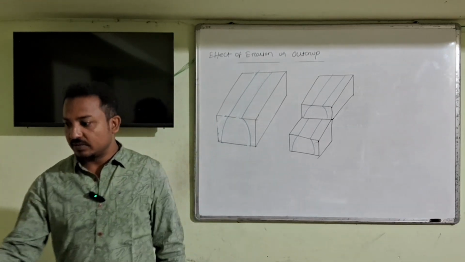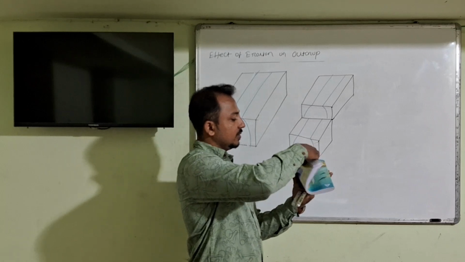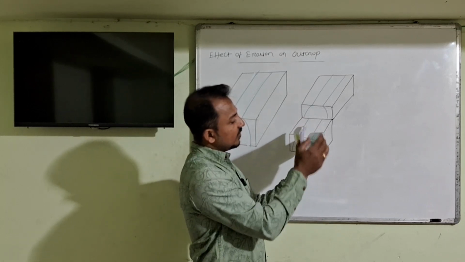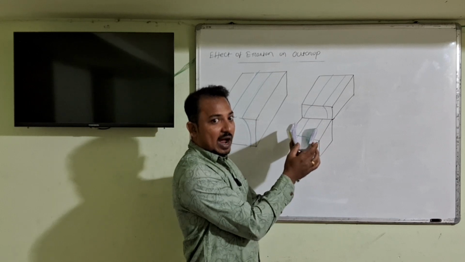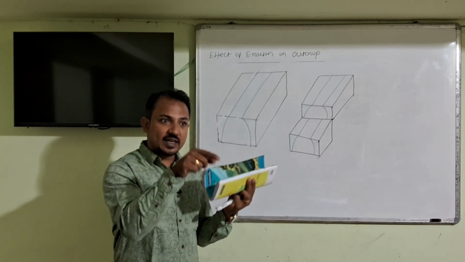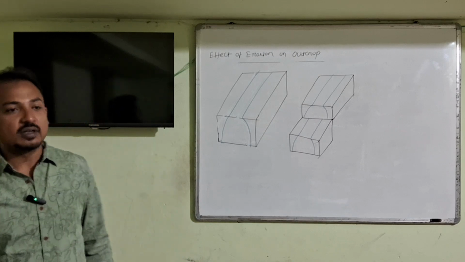So with depth, if this is a synform, you will see the spacing gradually decrease. So the outcrop spacing will decrease in the case of a synform and increase in the case of an antiform. This is the key concept here.